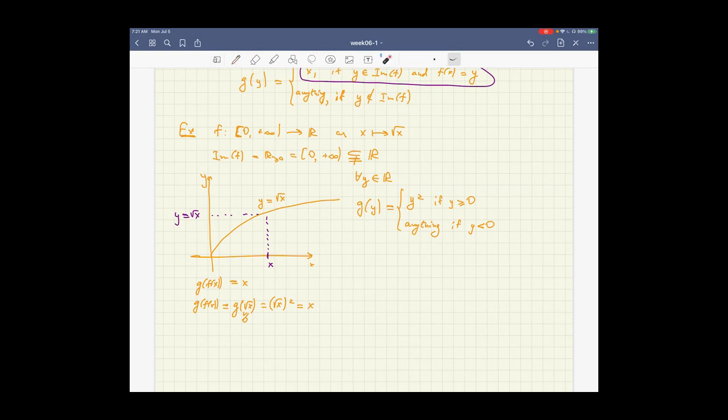And I would still satisfy this property. For instance, I could say that if this number is, say, 0, I could put g at negative 1 to be 0.